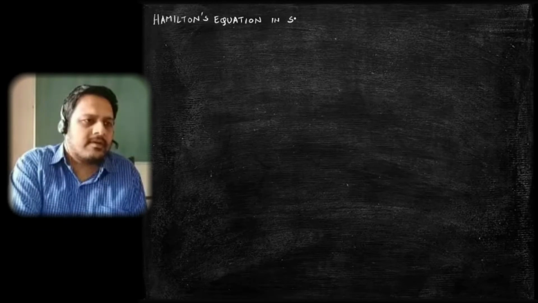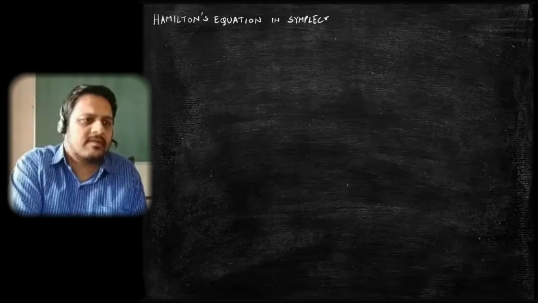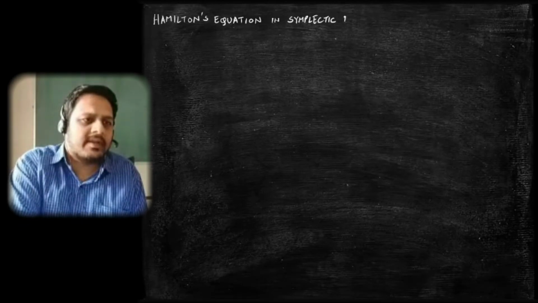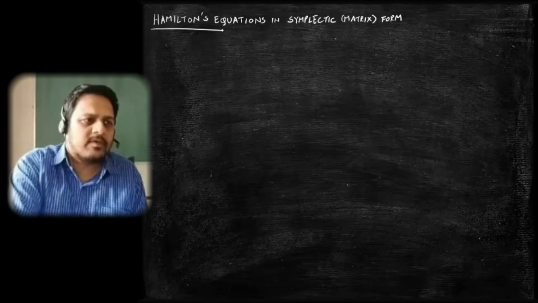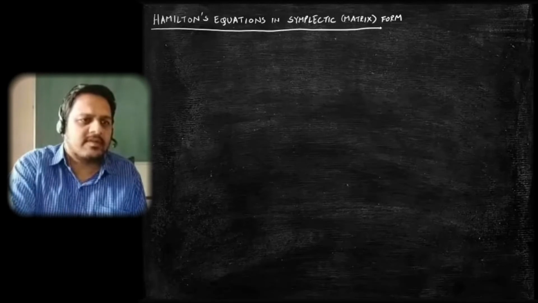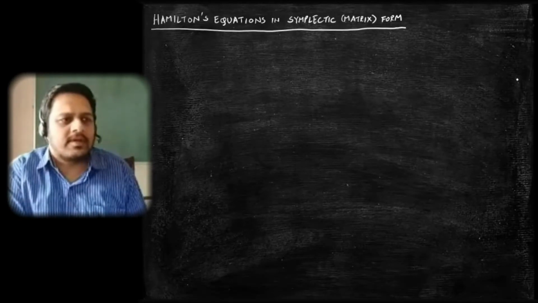Basically, one can write Hamilton's equations in the form of a matrix. That is called the symplectic form of Hamilton's equations, or matrix form of Hamilton's equations. So let us try to write this.